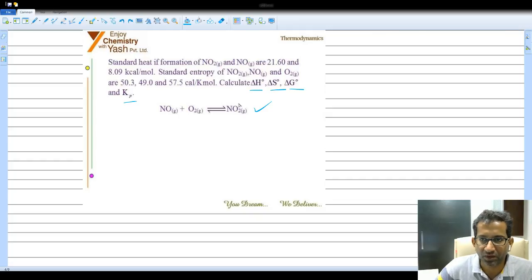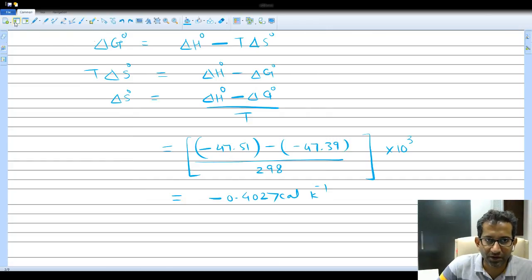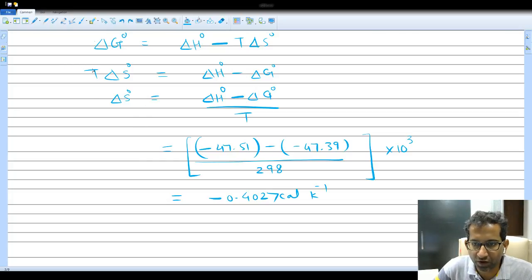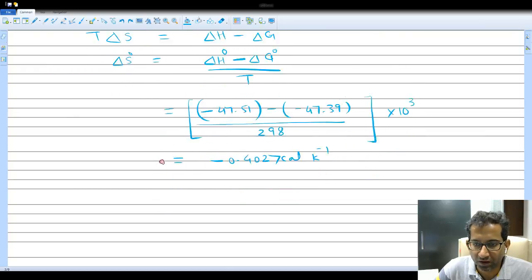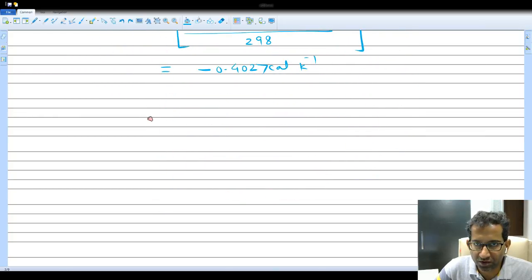But for the previous question, we have already solved delta G0, so we can find out the equilibrium constant Kp also. That is delta G0 equals minus 2.303 RT log Kp.